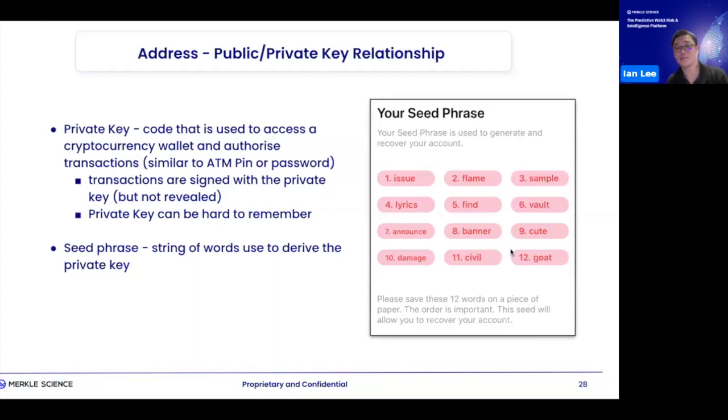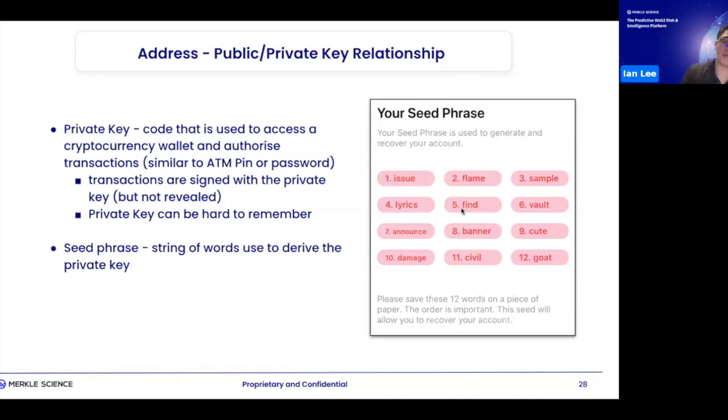Why do I bring this up? Because in a lot of investigation cases, sometimes when it comes to apprehending the criminal, or when you're at the site of an incident and looking around, there have been instances in the past where people seize a private key and don't recognize it. Or they seize a piece of paper with a bunch of short words on it and have no idea what it means.